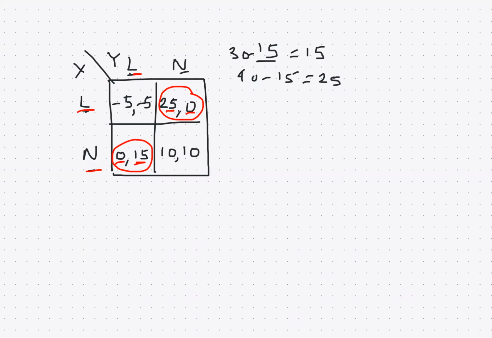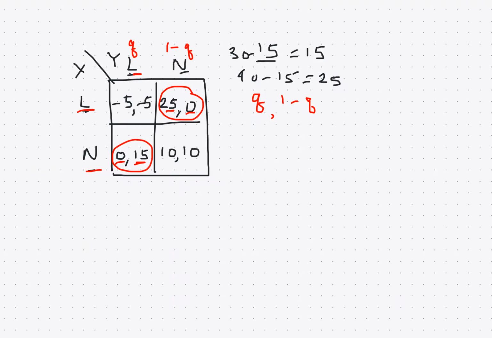So let's suppose Q denotes the probability that firm Y plays L, and 1 minus Q would be the probability, therefore, that firm Y plays N. So Q and 1 minus Q, these are the probabilities. So let's say firm Y plays L, lobbies, with a probability Q, and with a probability 1 minus Q, firm Y does not lobby. Okay, so these are the mixed strategies here for firm Y.